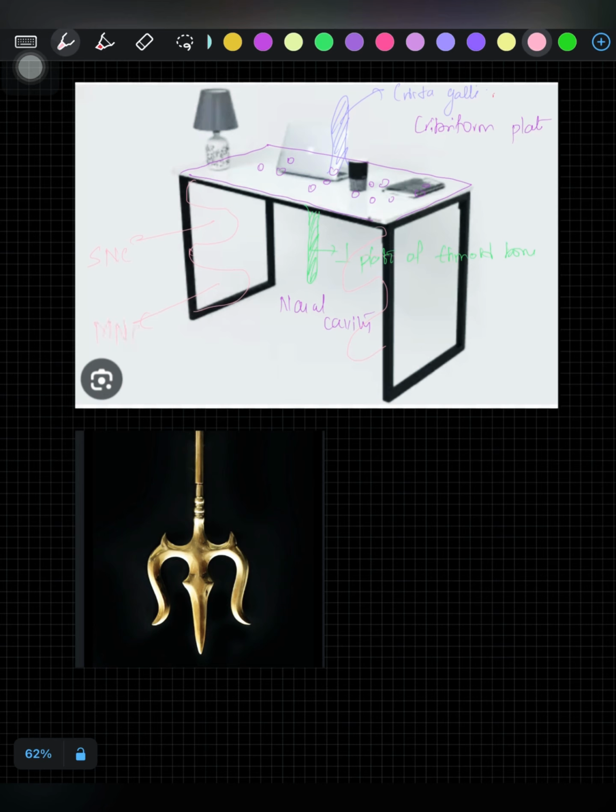Also, the legs, that is the labyrinth on either side, they are not this simple. They have air cells. They are called ethmoid air cells. Ethmoid air cells are divided into anterior, middle, and posterior air cells.